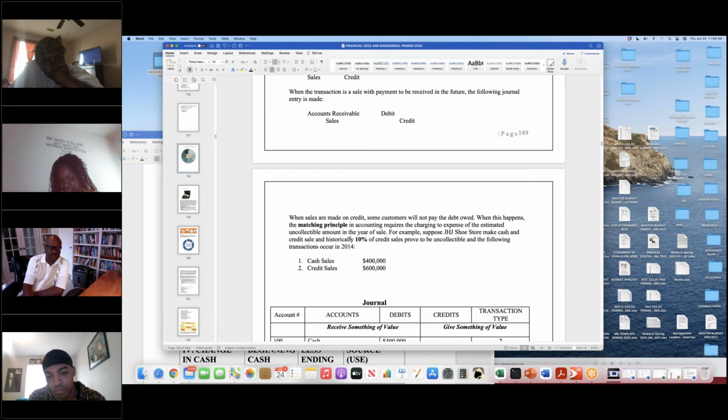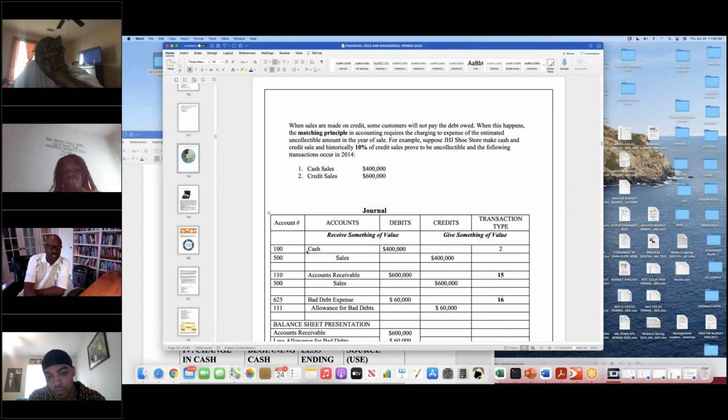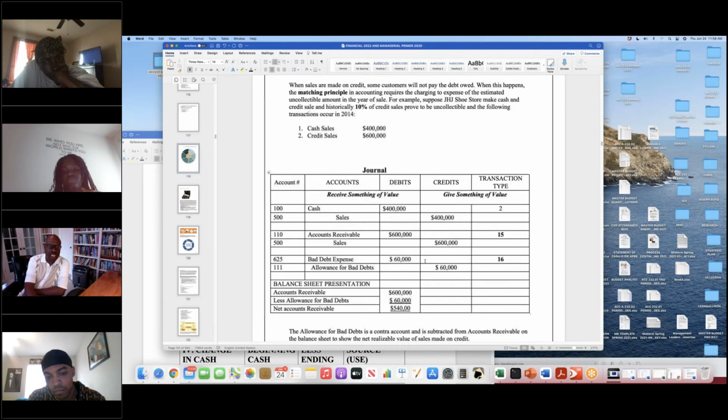So let's assume we have cash sales of 400 and credit sales of 600, and we know that 10% of the people are not going to pay. We debit cash and credit sales of 400. We got this cash, so we're not applying that 10% to this. But on the credit sales, we debit accounts receivable and credit sales.